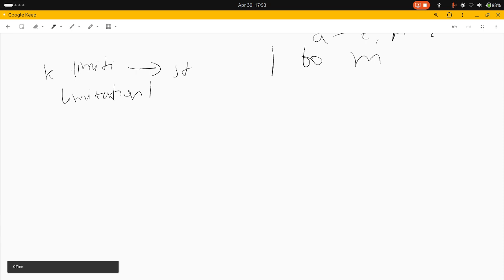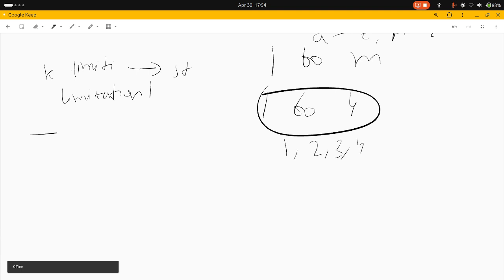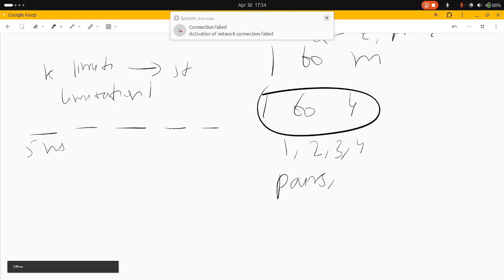For example, let me assume 1 to m can be 1 to 4, so we can fill the blanks with 1 2 3 4, and let n be 5. So we have to fill 5 blanks with 1 to 4, and there are the k limitations. The k limitations are given in the format of pairs.